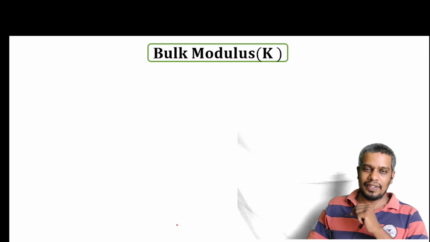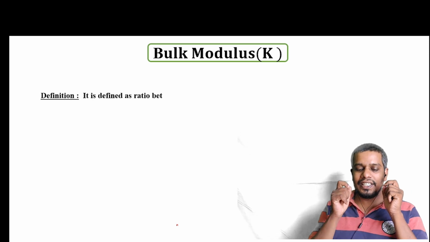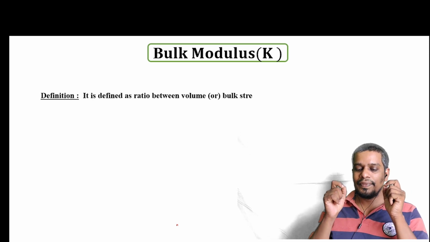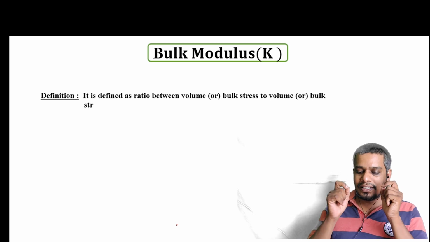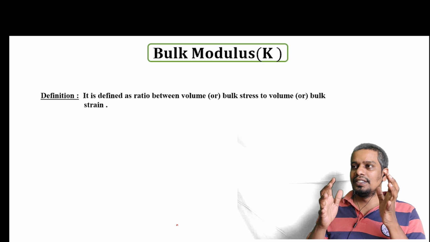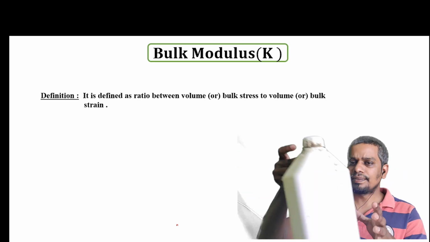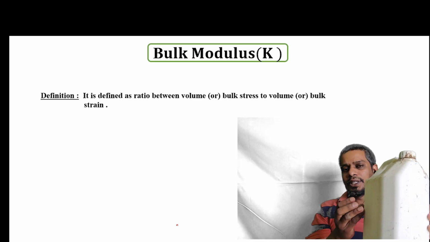We have to define what is the bulk modulus. The definition is, it is defined as the ratio between the volume or bulk stress to volume or bulk strain. Suppose you take a cubical box, consider this as three-dimensional.